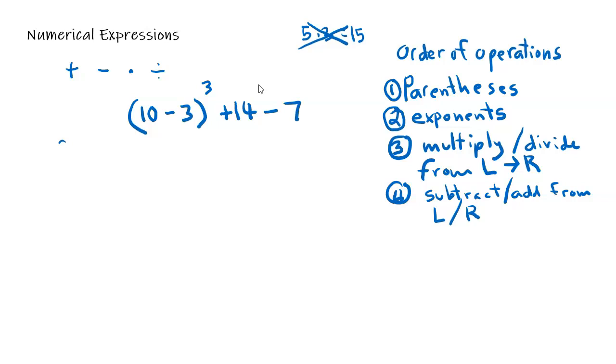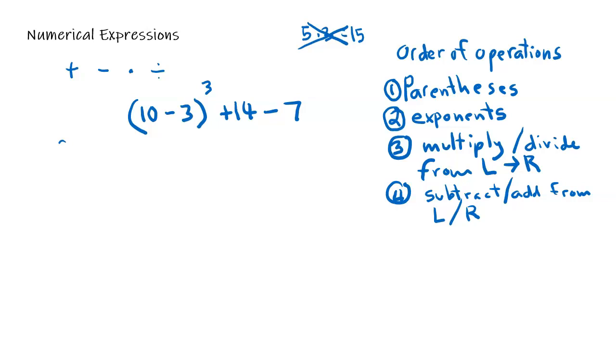So this is an expression, and it's going to simplify to be a single number. And the only way we can get the right answer is to use the order of operations. So number 1, you always start at number 1. Simplify in the parentheses. So that's right here. 10 minus 3 is 7.